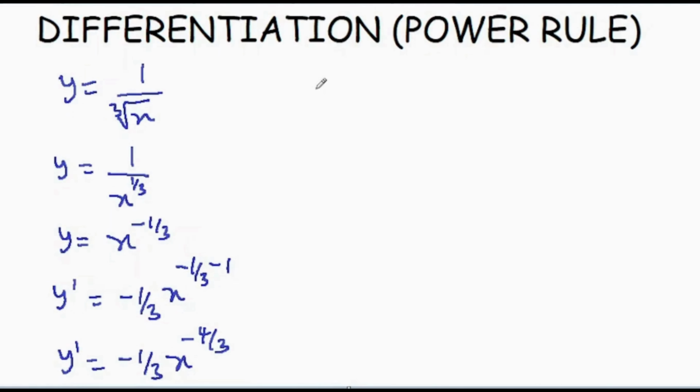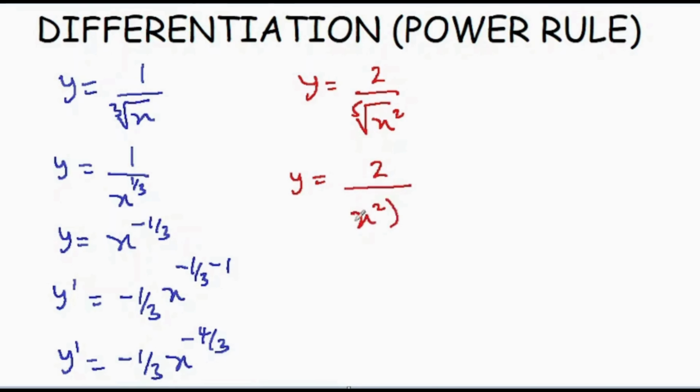Okay, let's have another example, that is y is equal to 2 over the fifth root of x squared. Okay, so what do we have here now? Let's rewrite this. This will be 2 over x squared raised to power 1 over 5. Alright, still using the law of indices, this is going to be 2 over x raised to power 2 over 5.